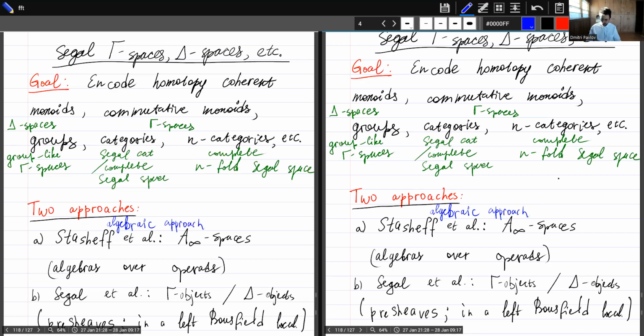for example, our monoid M as a space equipped with a multiplication map, and we will try to impose the usual associativity constraint.